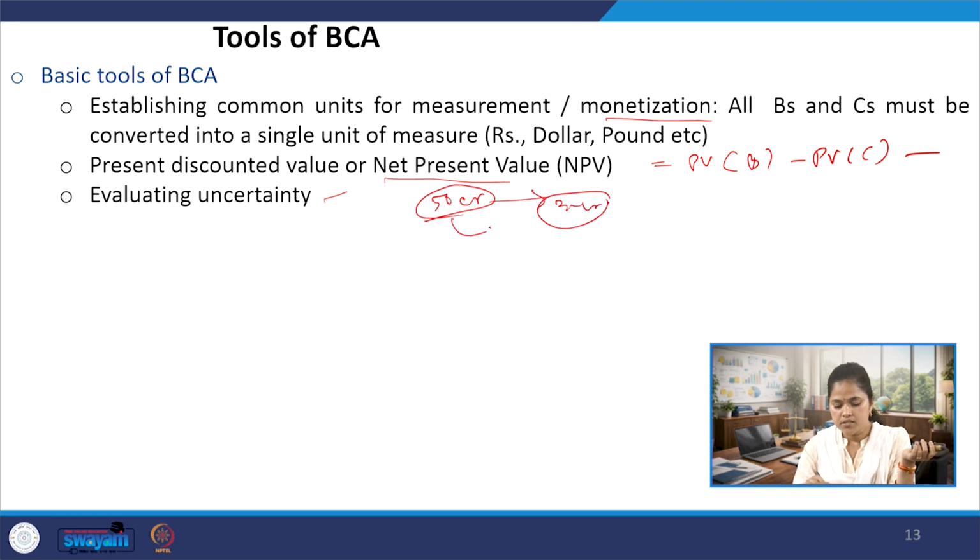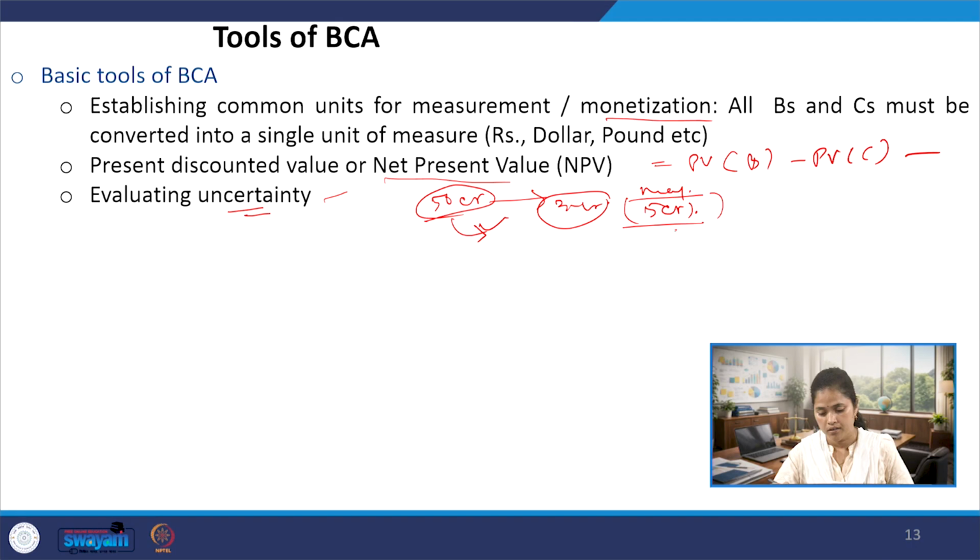But once the project is started, it is found that there are some uncertainties, and that is the reason this cost may increase by another 5 crore. It may increase, so there is a probability associated with the uncertainty that the cost may increase by another 5 crore. So this is how we can identify the uncertainty and evaluate it.